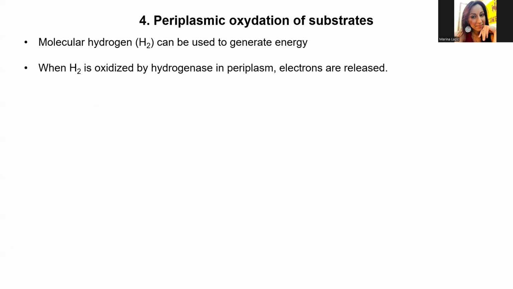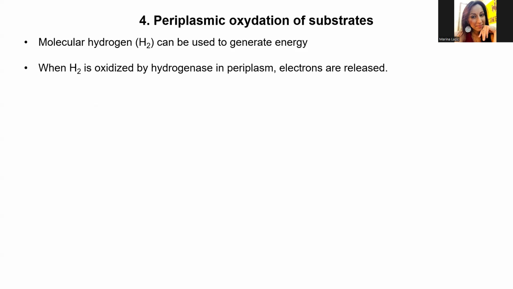People who took Bio 322 learned already that hydrogen was one of the first energy sources because it was highly abundant, and organisms developed hydrogenases to extract electrons from hydrogen. This hydrogenase actually lives in the periplasm. So the periplasm is the place where hydrogen is oxidized, which means electrons are released.